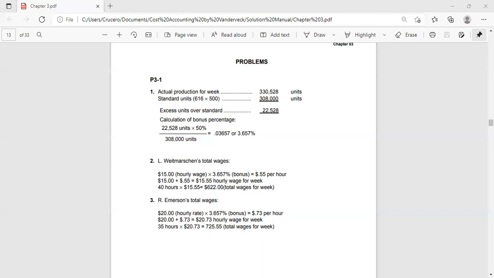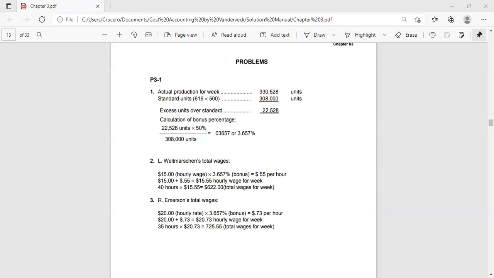The bonus is to be computed as follows. Letter A, group success production over the standard times 50% divided by the standard units for the week, and this is the bonus percentage. Then B, individual's hourly wage rate times the bonus percentage equals the hourly bonus rate.